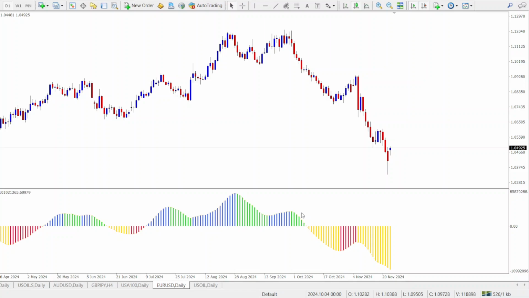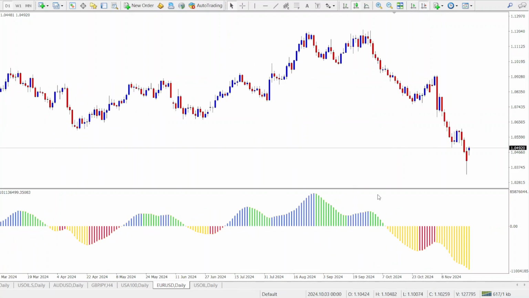Now this indicator is quite easy to use. All right, the indicator highlights the volume activity of a currency pair. By doing that, it provides critical insights for making informed decisions. So as we can see on the chart, the indicator displays wave-like histogram bars in vibrant colors in the indicator window.